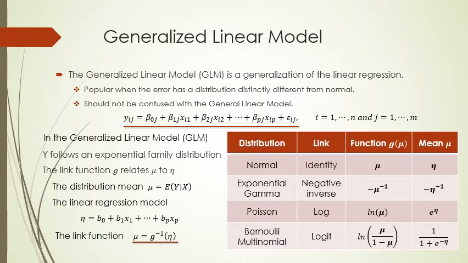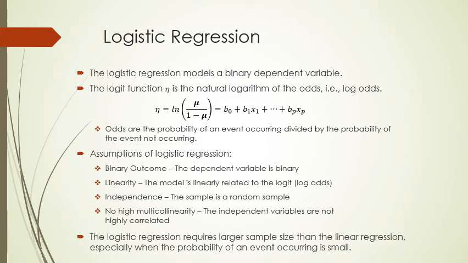For example, the link function is the identity function for normal distribution, the negative inverse function for exponential and gamma distributions, the log function for Poisson distribution, and the logit function for Bernoulli, binomial and also multinomial distribution. The logistic regression models a binary dependent variable.